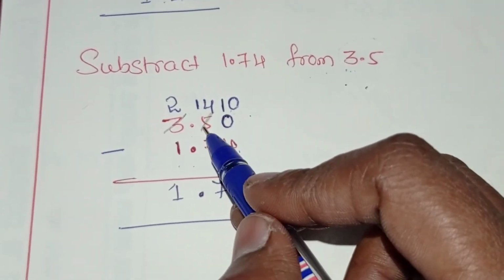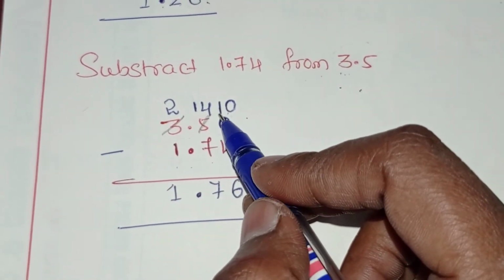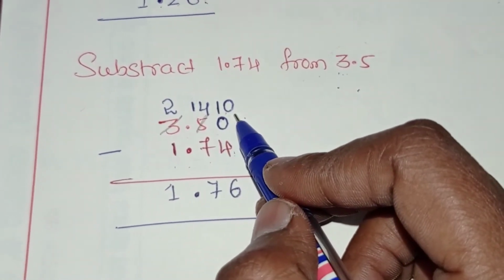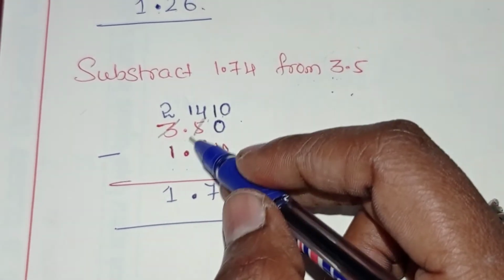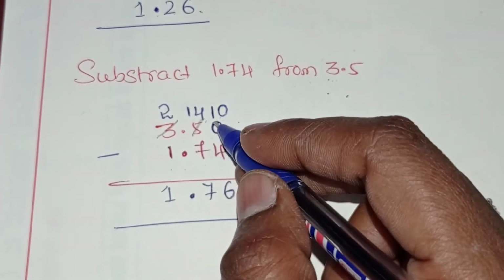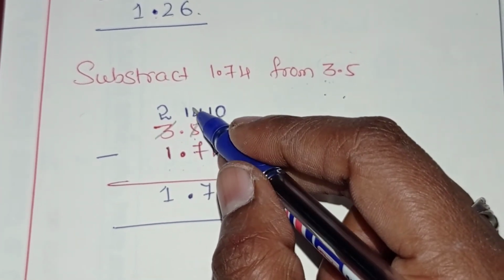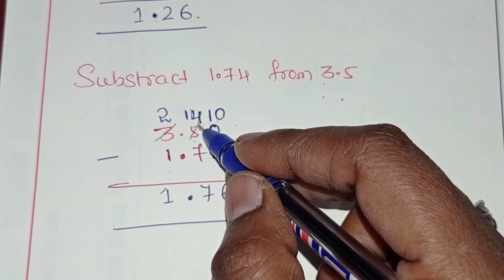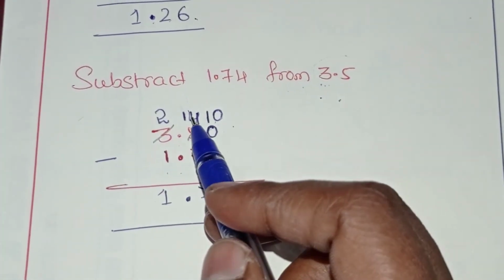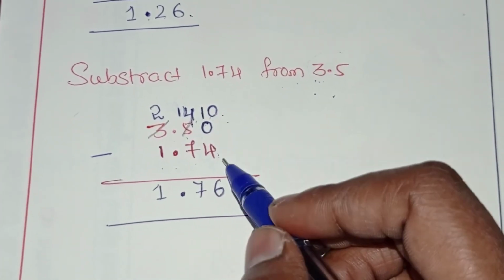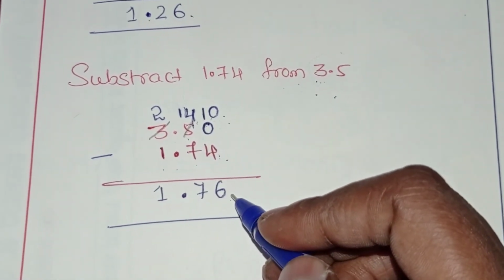If I borrow 1 from this number, now this number becomes 10, right? I struck out this number with a pencil. Here I borrowed 1 from this number. That's why the present number here is 4, right, children? So that one I wrote above. Now 10 minus 4 we can do, right? 10 minus 4 is 6, right?